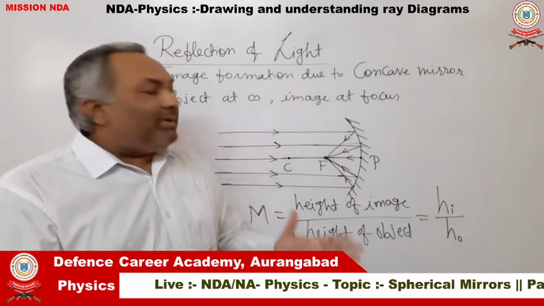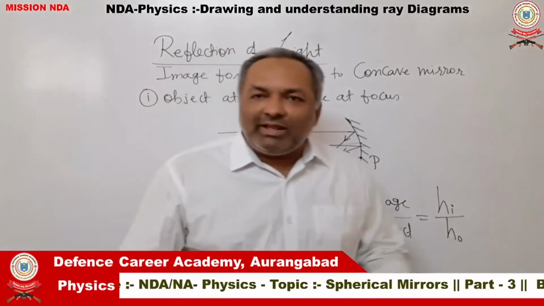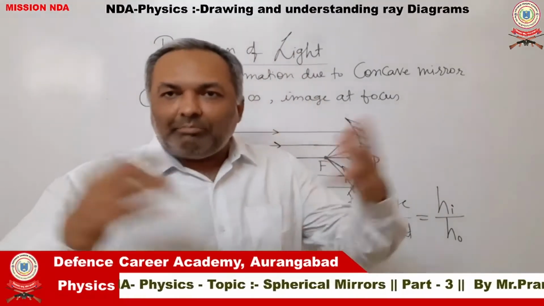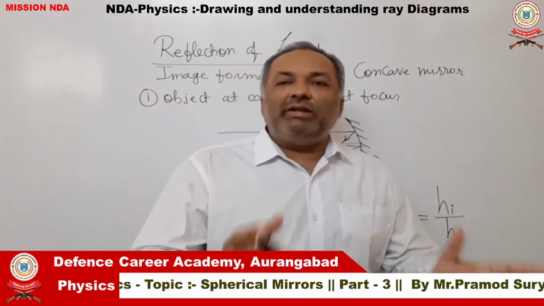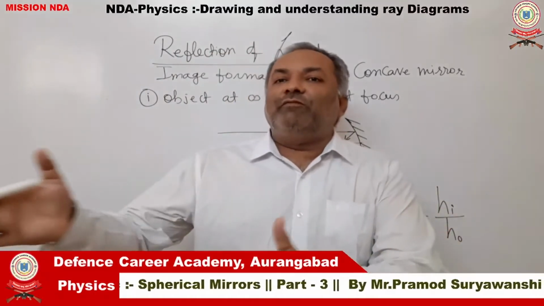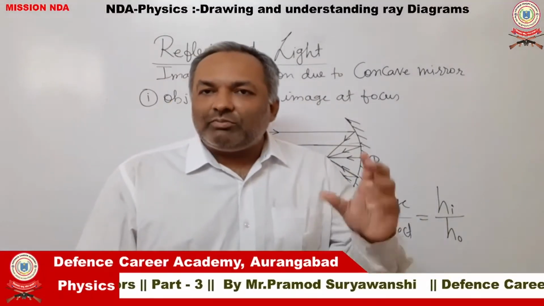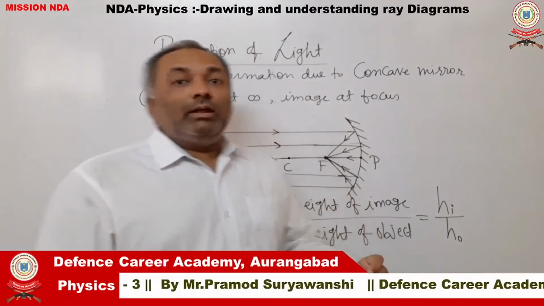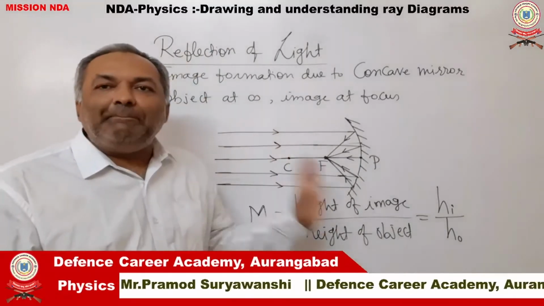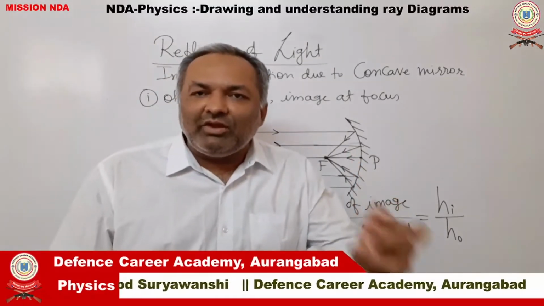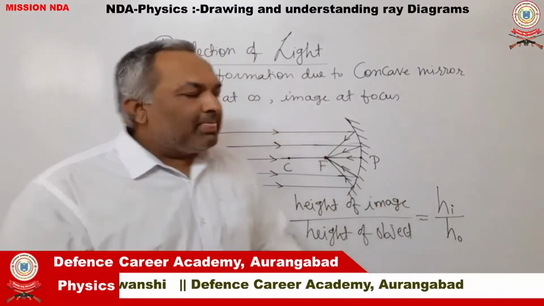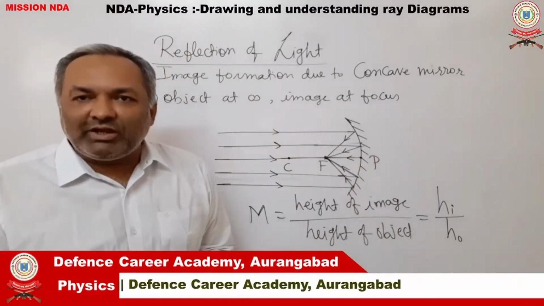You may be sitting close to this arrangement, then the image will appear larger to you. You might be sitting away from the whole setup and the image might appear smaller to you. But the comparison of the actual size of the image with the actual size of the object is what we call magnification.